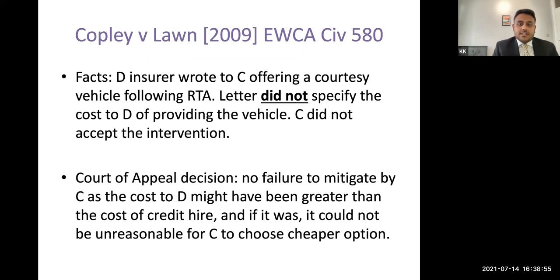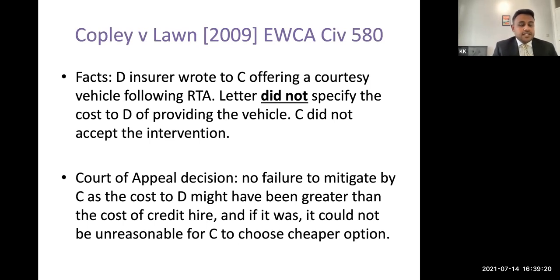In each of the letters, it did not specify what the cost to the defendant would be of providing that particular hire vehicle. And again, in both of the cases, the claimant simply didn't accept the intervention letter and they chose to engage upon credit hire or hiring a vehicle on credit through vehicles provided by their own insurance company.